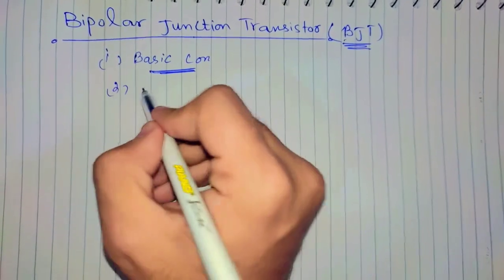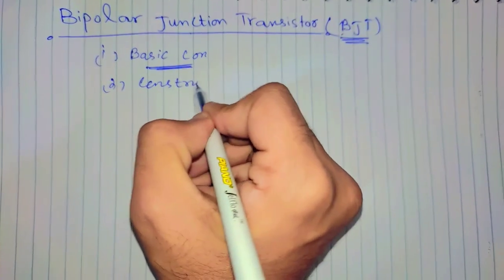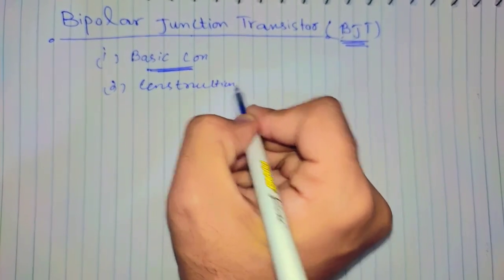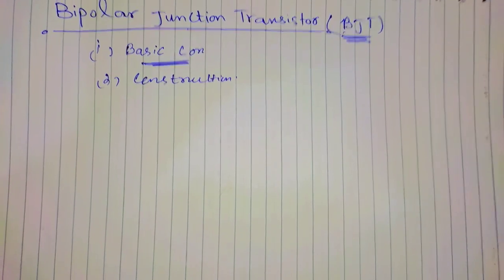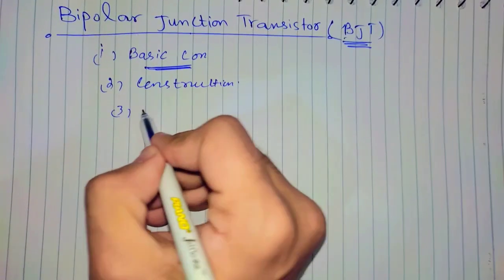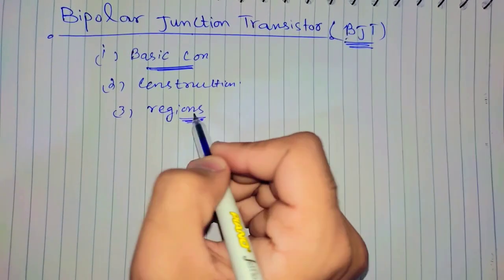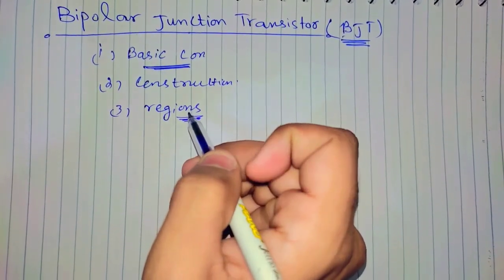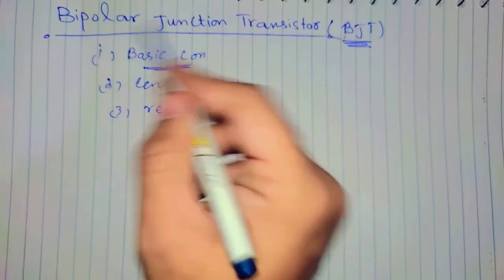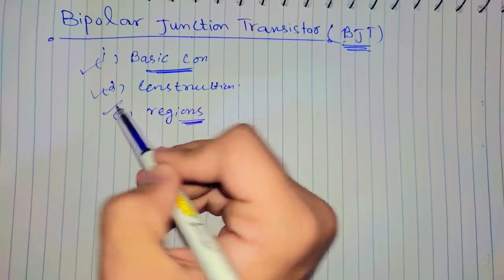We will learn about the construction of the bipolar junction transistor, and we will learn about the regions, in how many regions the bipolar junction transistor operates. So in this lecture we will learn about these 3 points.